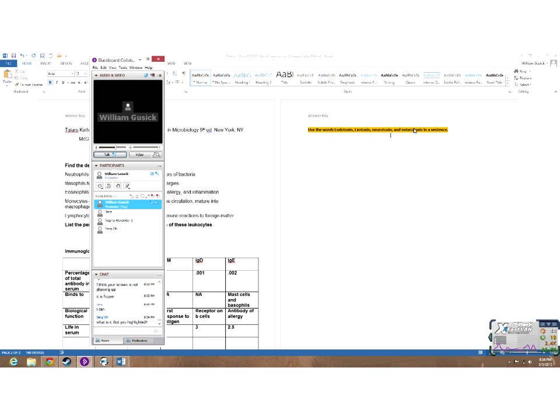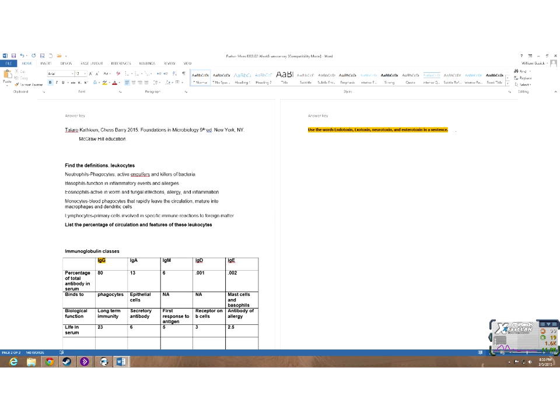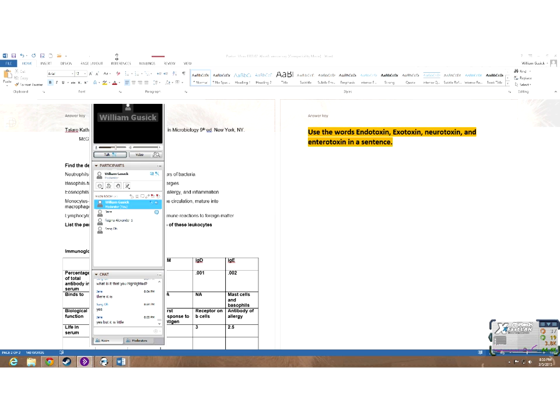So you can see my screen here: endotoxin, neurotoxin, yeah. Can you use this in a sentence? Because this is for sure going to be helpful for Cooper's test, and I'm sure Hansen is going to ask you a question with these words in it too.